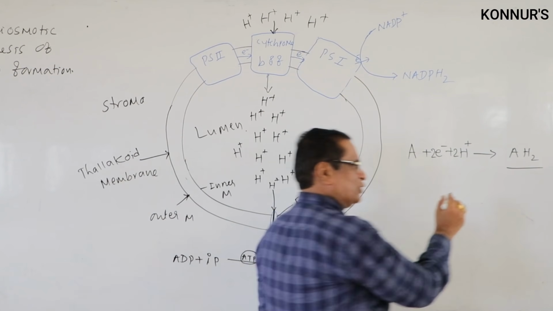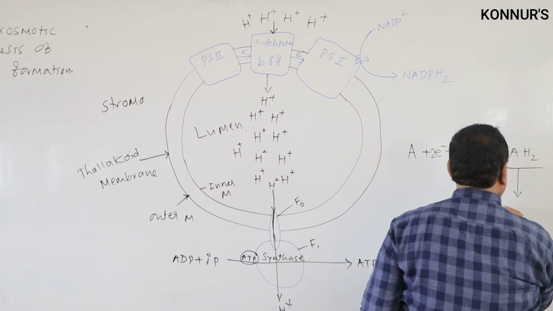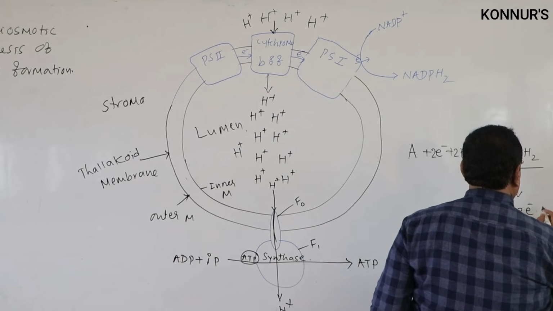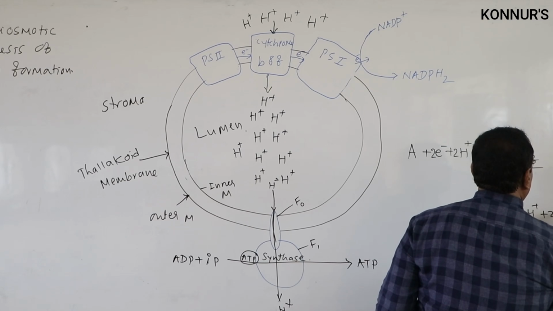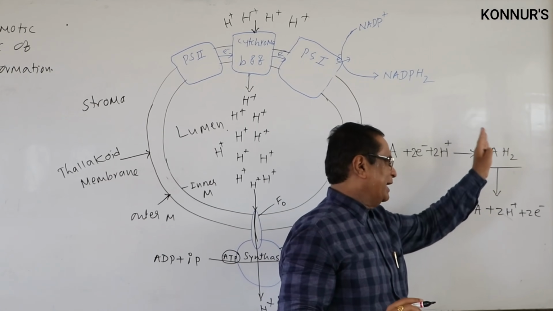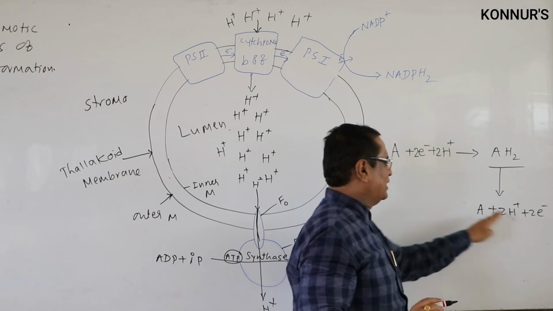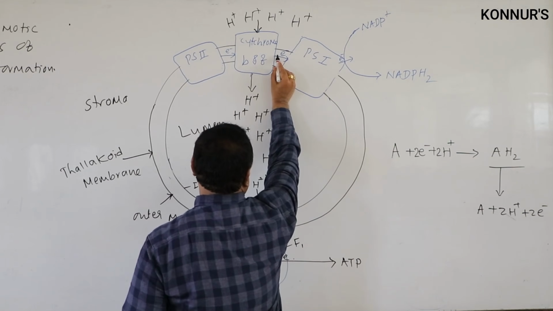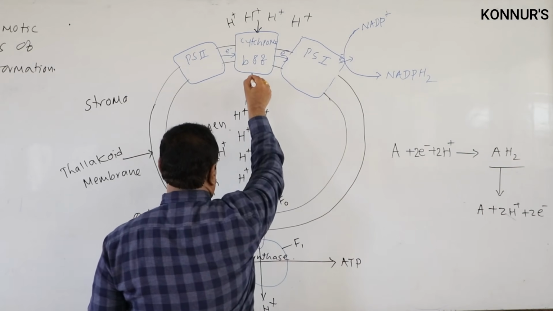And now this AH2 splits into A back, 2 protons and 2 electrons. The electrons which are generated will go to photosystem second, and the protons are pumped into the lumen.